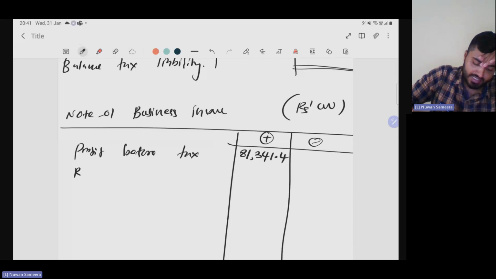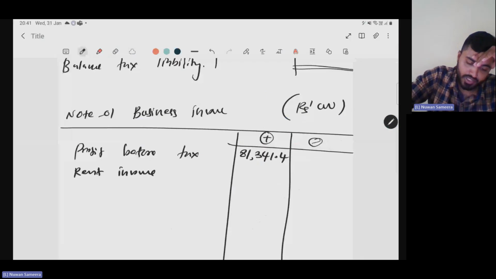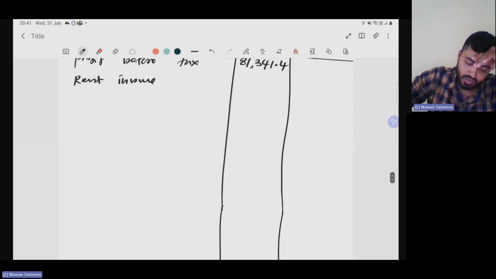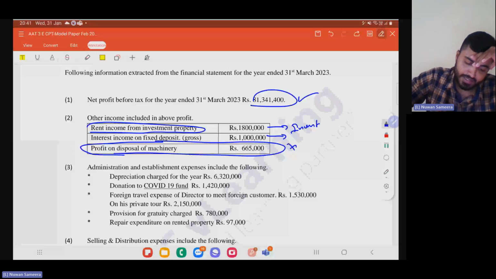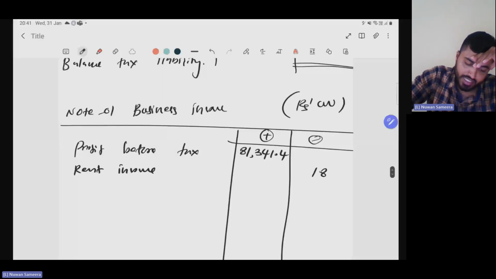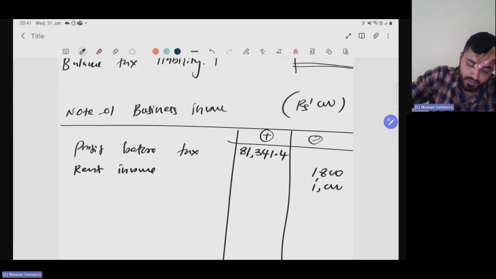So here there is a rent income. There is an investment. Therefore, we have to remove it. So 1.8 million, 7,800. Not only that, 1 million interest income on FD gross. That's interest also.